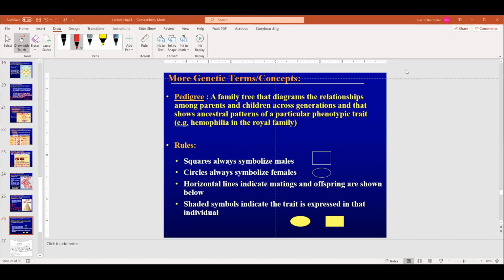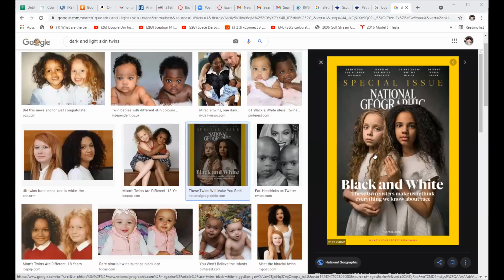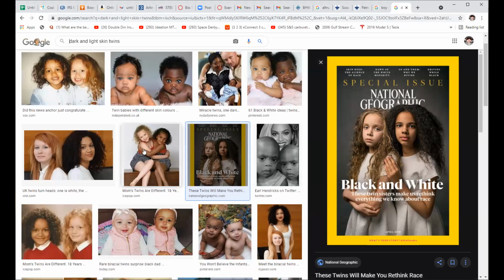Okay. So here's some examples of that. All right, these are actually twins. This is from National Geographic. You can see that they're from the same parents, right? These are twins right here, same parents.